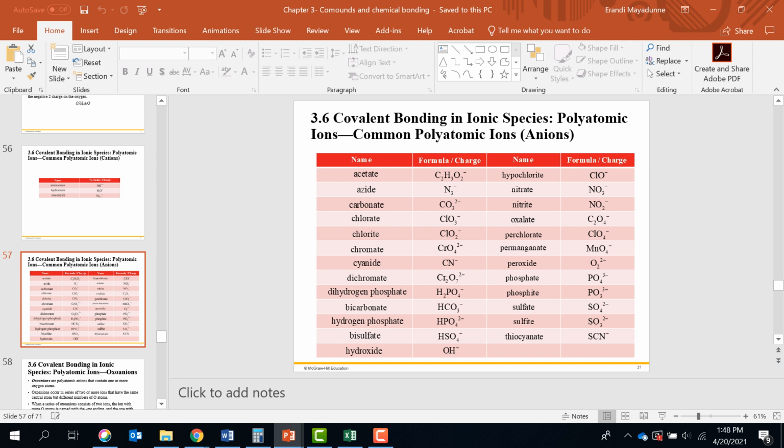If you think of processed meat, nitrates and nitrites are included in it. For the toothpaste, which includes peroxide, it's O2 2 minus. Permanganate, for cleaning wounds. Sulfate. So those are the polyatomic ions.